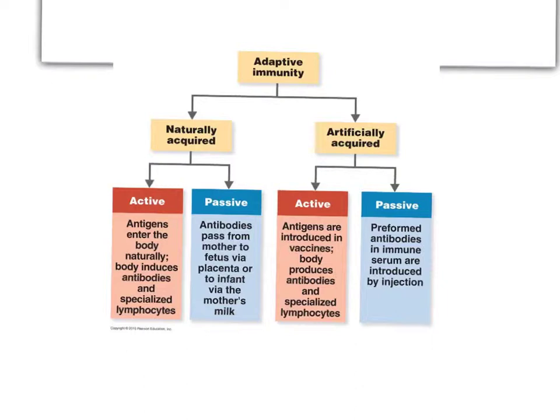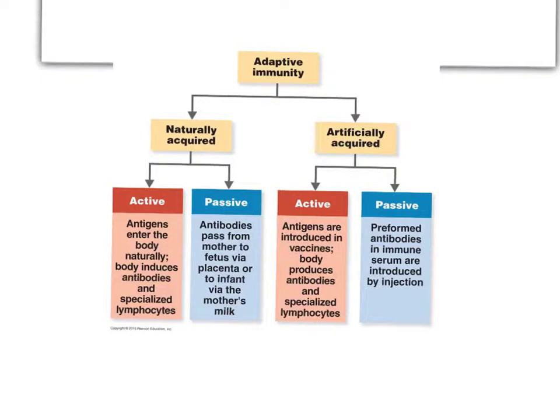Whereas artificially, that can be active via vaccines or serum which has got antibodies which we deliberately inject into a patient for some reason or another. So those are all the differences between naturally active, naturally passive, artificially active, and artificially passive. You need to know the differences between all of those.